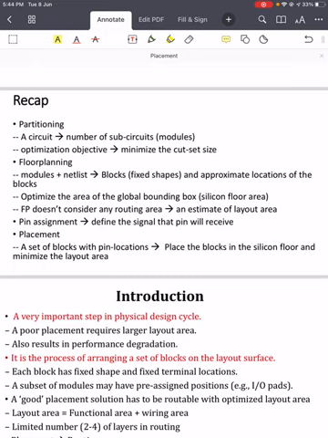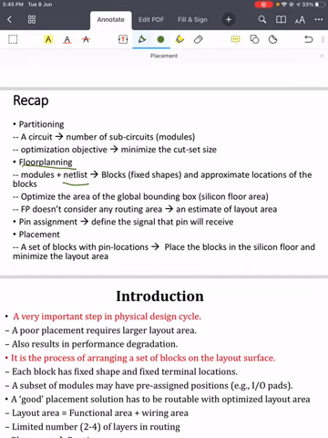We apply optimization techniques to do that, and the optimization criterion in partitioning is mainly minimizing the cut set size. After that, we did floor planning, where we have a set of modules and their corresponding netlists, and in the floor planning stage we optimized the area of the global bounding box, right? So at the output of floor planning algorithms, we get the blocks.